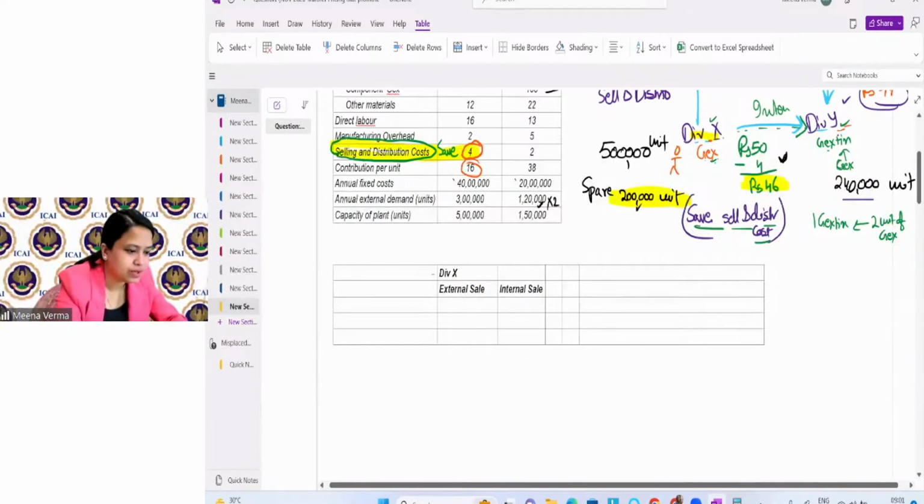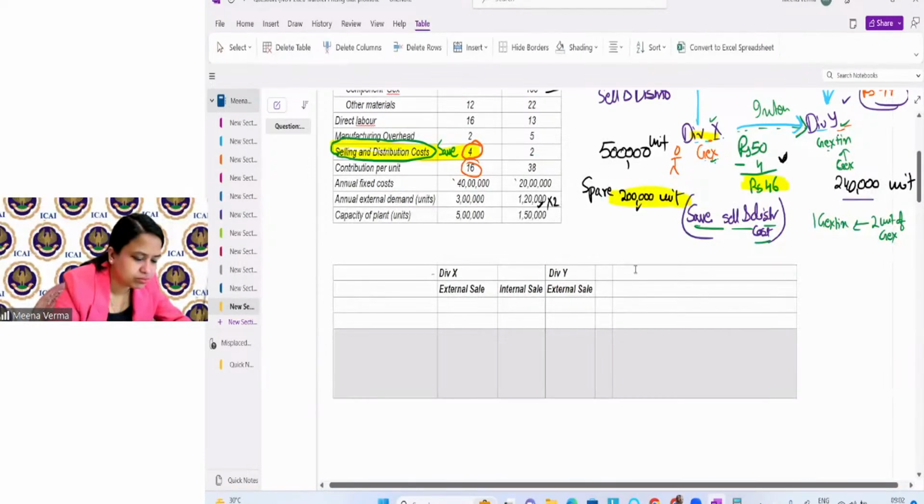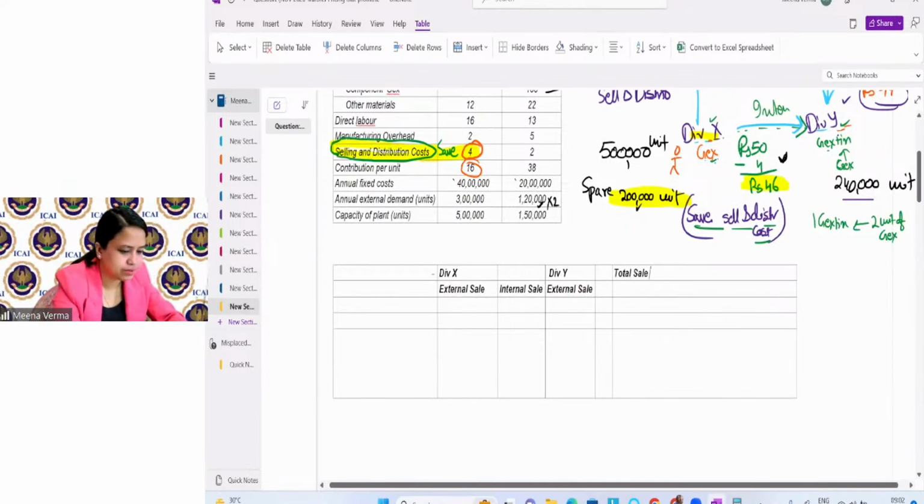Then we have division Y, external sale. And then we have the total sale. So you can see the sale units we have and the revenue we are collecting.